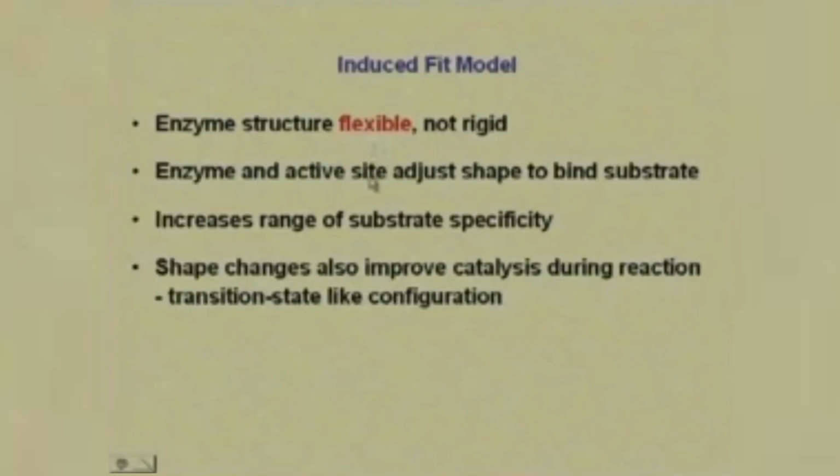And if this happens to occur near the active site just to accommodate the substrate, then we call it an induced fit model. The enzyme structure will remain as it is, but as soon as the substrate approaches it, it will modify itself so that it can bind the substrate. So the shape changes to improve catalysis during the reaction, and it usually assumes a transition state like configuration.